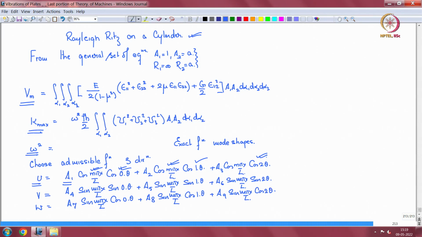Okay. But one thing is, when you do this over here for the torsional displacement, sin 0 theta goes away, this goes to 0. Okay. So, the torsion is uncoupled at n equal to 0. So, you will not capture that mode.